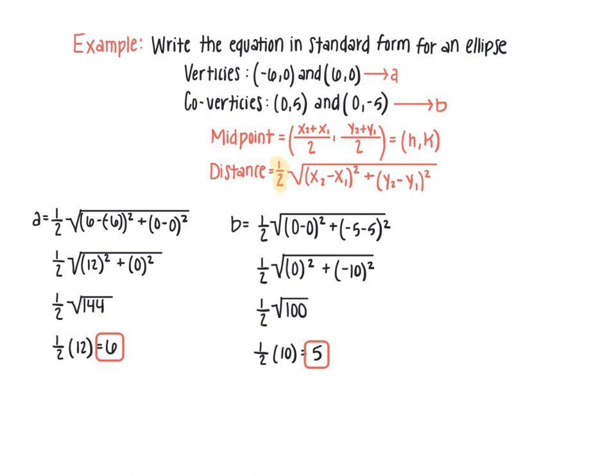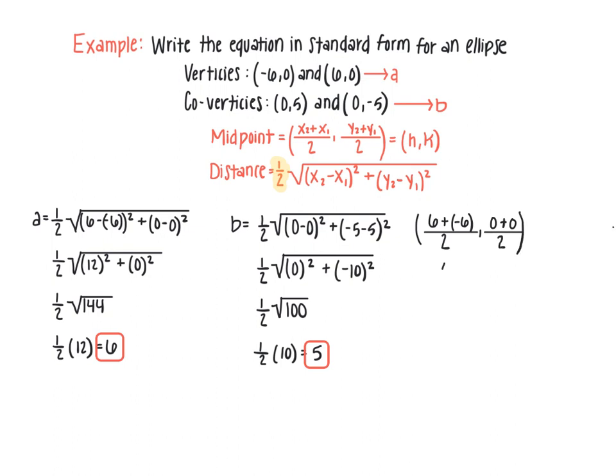So when I'm looking for my center, I'm just going to use the 2 values that were given for my vertices. So I can start plugging this into the equation. It's going to be x2 plus x1. Remember, it doesn't really matter which one you make x2 and which one you make x1. So it's going to be 6 plus -6 divided by 2, and 0 plus 0 divided by 2.